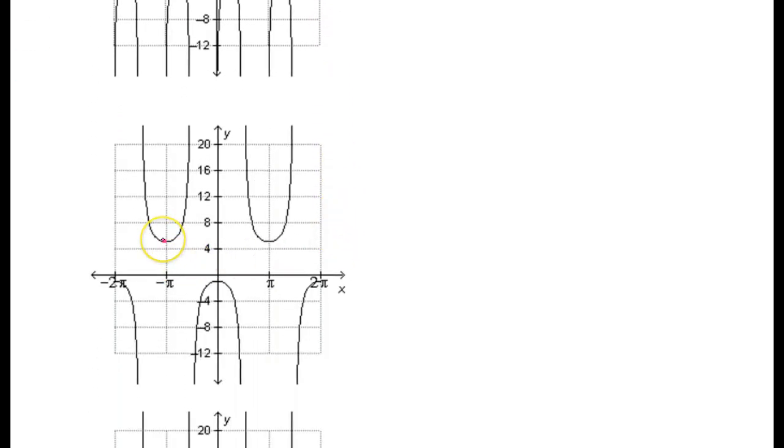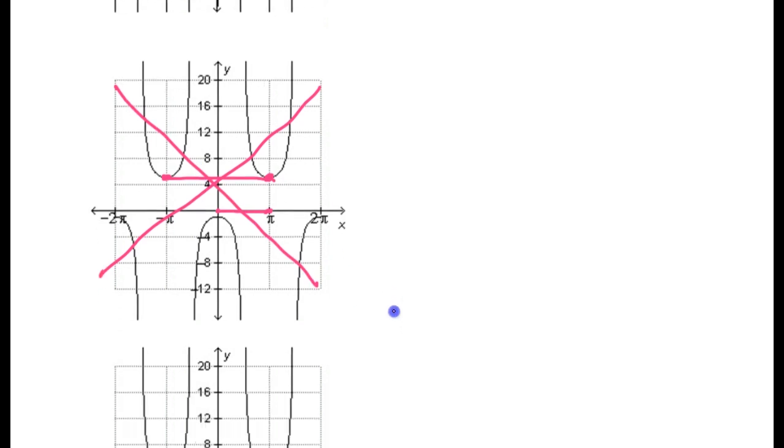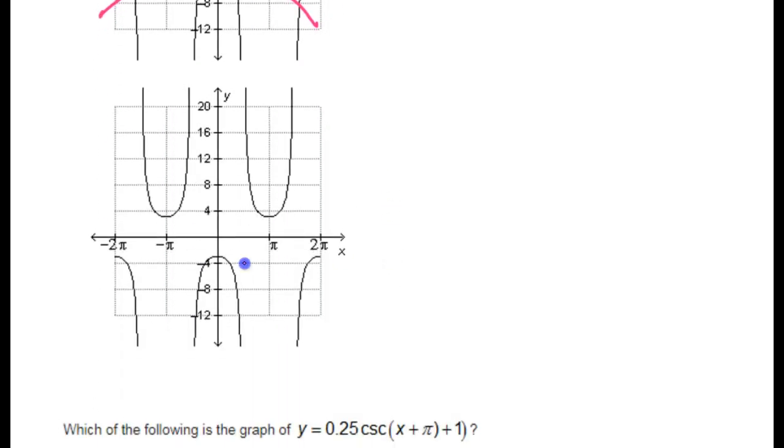I can eliminate this one, from corresponding point to corresponding point. That's the period of this graph, and here's pi right here. So this graph is definitely not our answer. So we've eliminated one. It's the same deal here. Corresponding point to corresponding point.